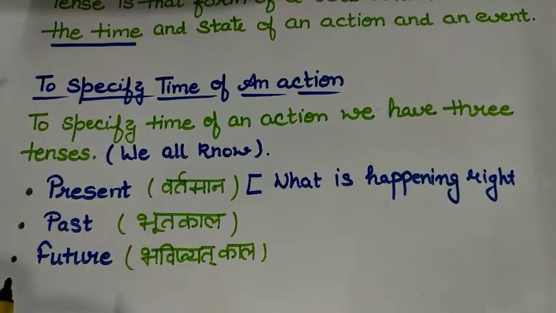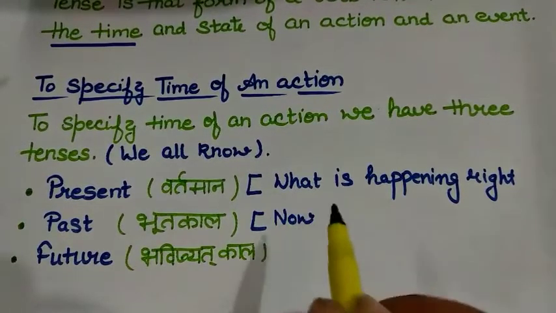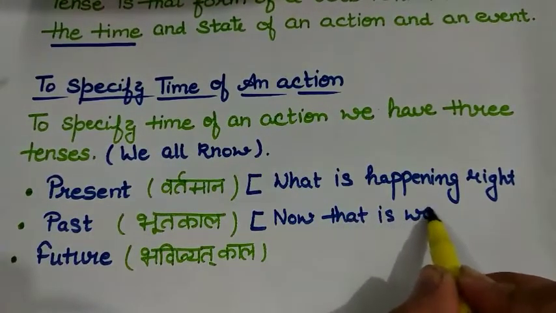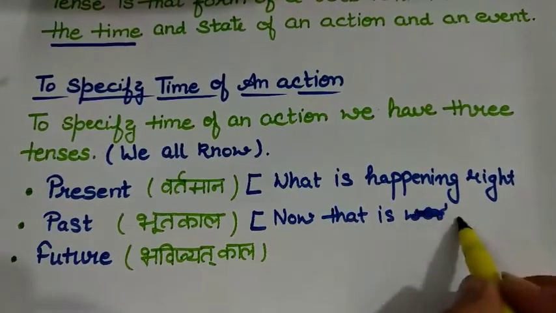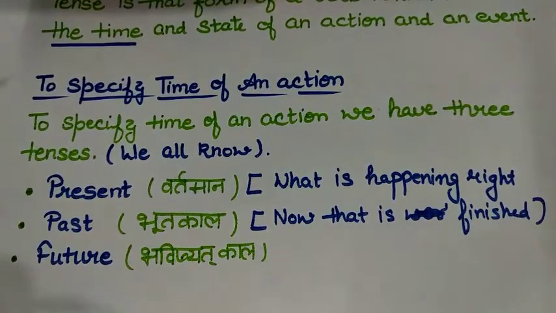Next one is past tense, like what actually has happened in the past. Now that work is finished. That means we are not doing that right now in this moment.